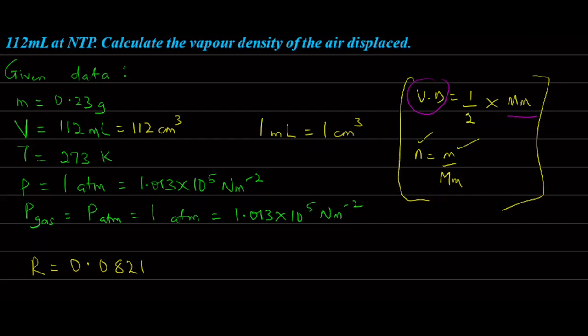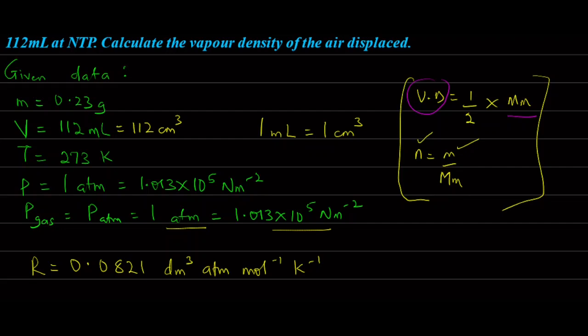This R works with dm cube, which is also known as liter, dm cube atm per mole per Kelvin. And we have discussed that whenever we are making use of this value of R, our volume will be in dm cube and our pressure will be in atm. So since we have our standard pressure in atm, we are going to make use of the pressure in atm.